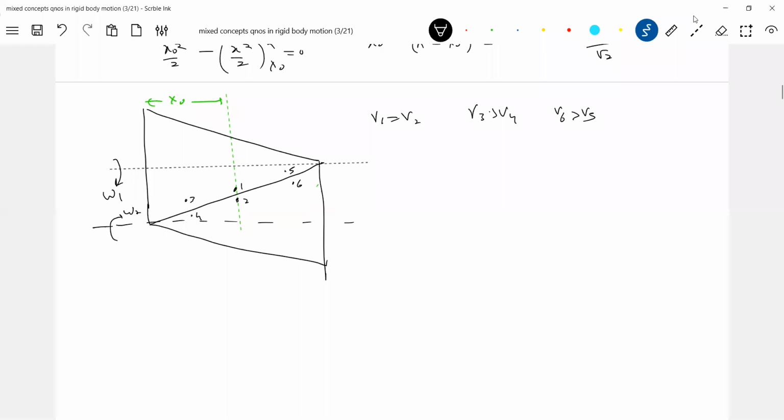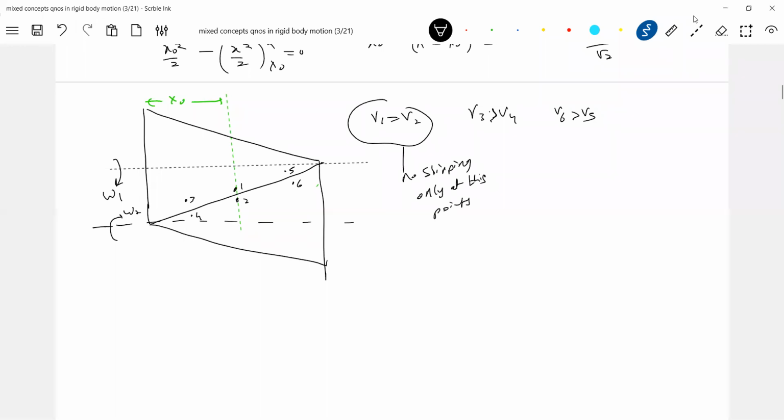So here what happened? Friction will not act only at this particular point because there is no slipping. No slipping only at these points. And where V3 is greater than V4, slipping will be there and there will be friction. Due to friction, there will be torque.